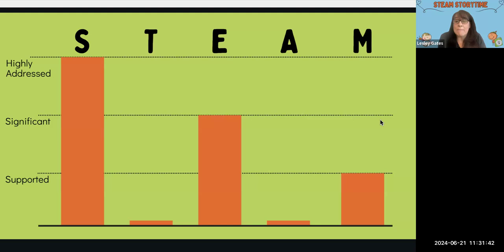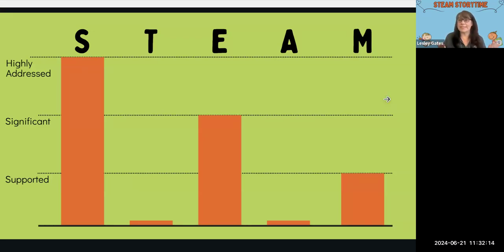Now, the math may not be standard-driven math, meaning I might not be working on a specific math standard, but we all know that the more students count, the more that they add, the more that they categorize, the more that they are addressing math concepts, whether or not it's a standard, which is super important. So in this particular lesson, there was some math attached, but it may not have been standard-based math per se.